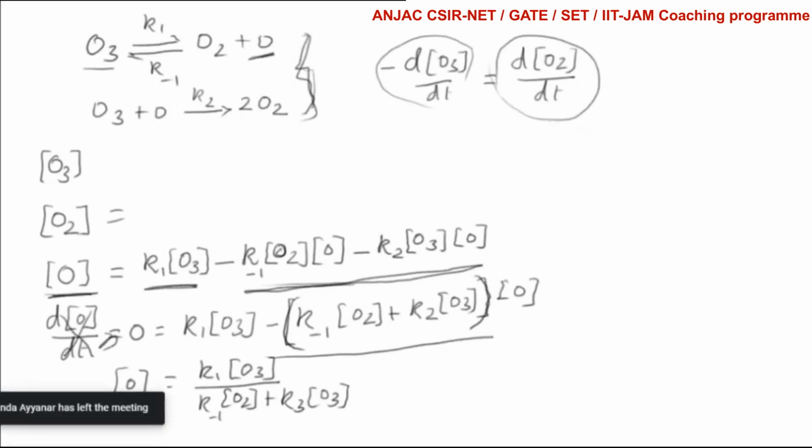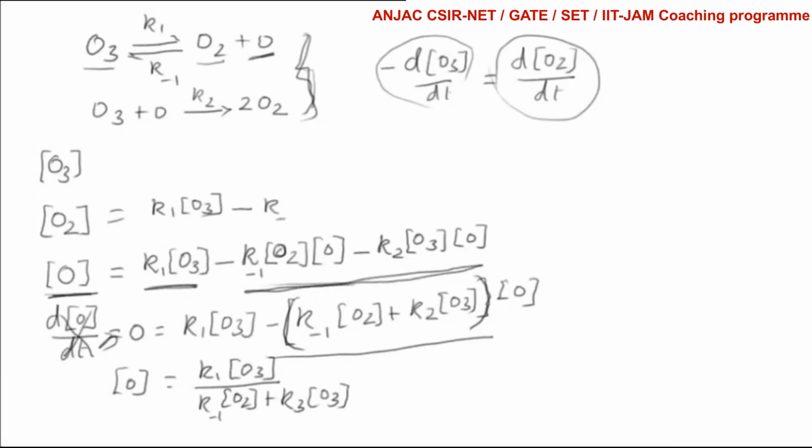It is obtained as the rate of formation of O2 is equal to k1[O3]. This is the formation, minus k-1[O2][O], since it is consumed in the reverse reaction.